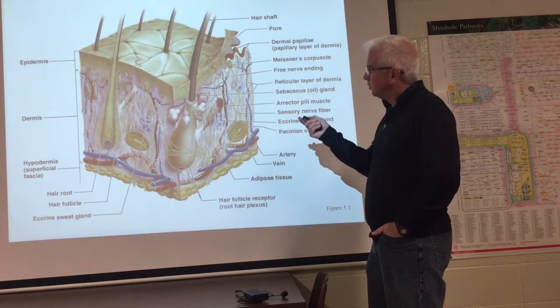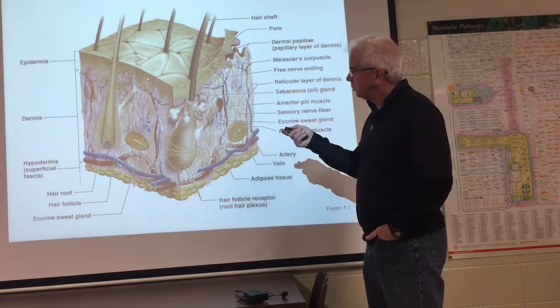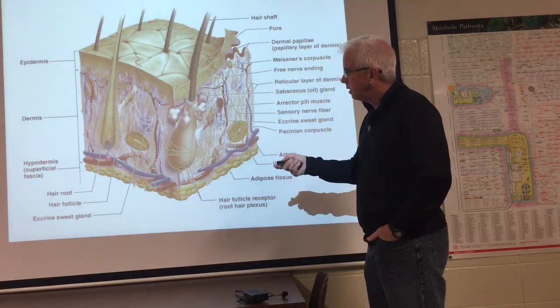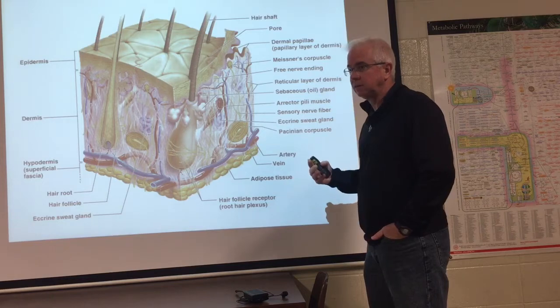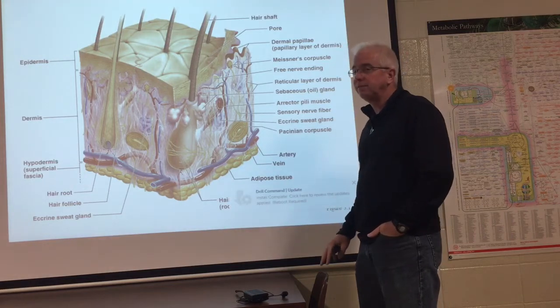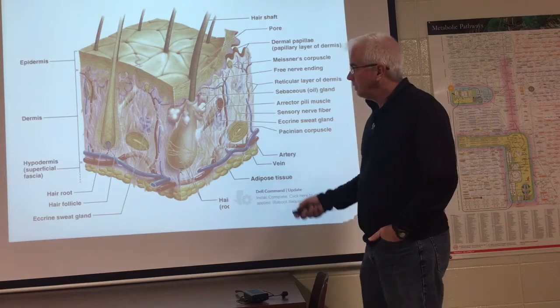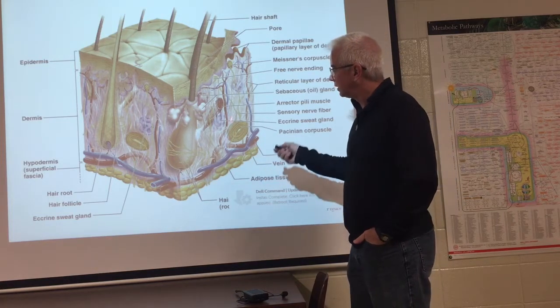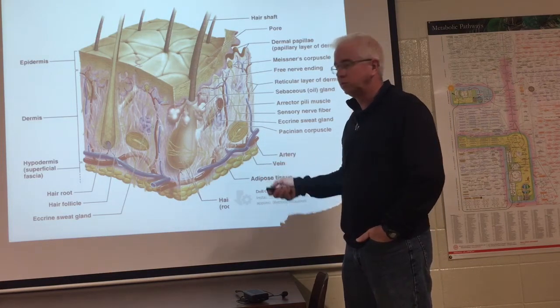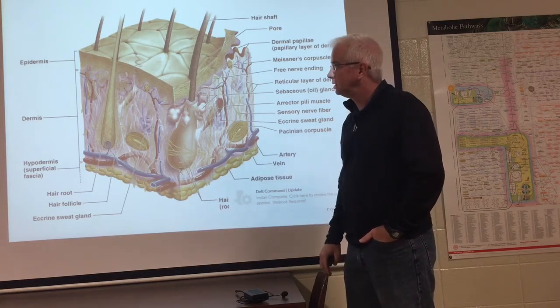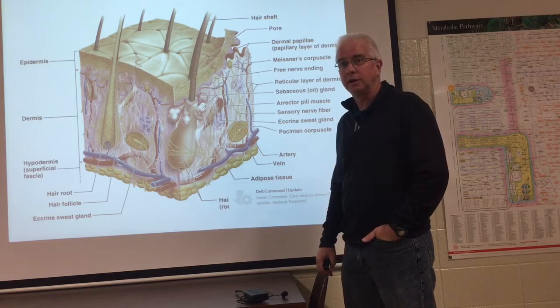Now, also notice, as we work our way down through the stratified squamous epithelium, that the bulk of the thickness of the skin is in fact not epidermal. It is dermal. And this dermis here, we looked at a histology section of as well. It didn't have all the rest of this in it. But the dermis is dense, irregular connective tissue.